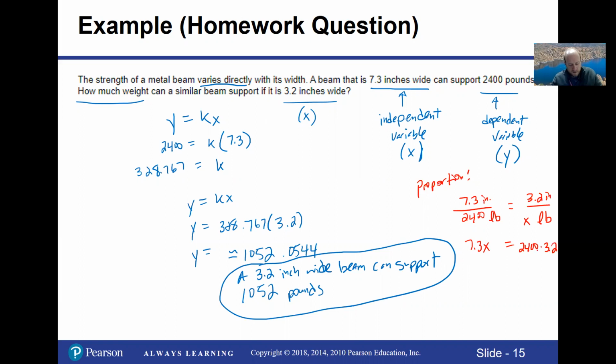Let's see if we get the same thing. 2,400 times 3.2 is 7,680. Let's take 7,680 divided by 7.3, and we get the same answer. It's about 1,052. So I kind of want you to use the variation method here, but you could possibly set up a proportion.